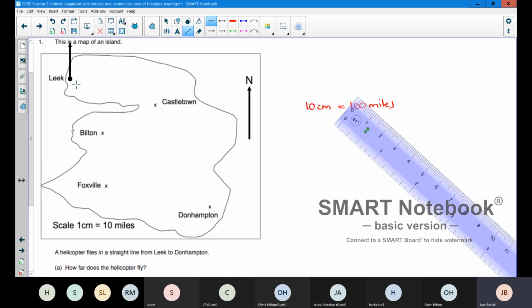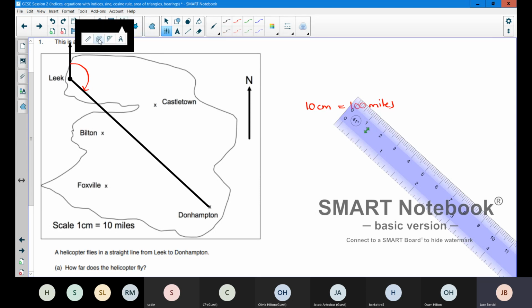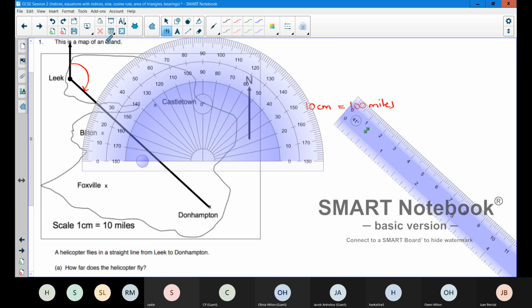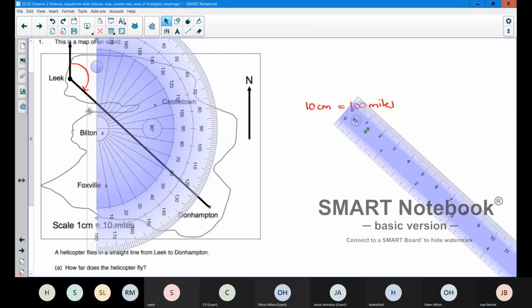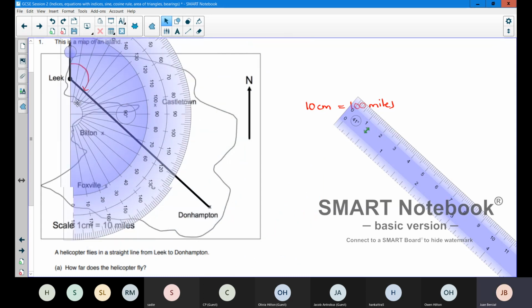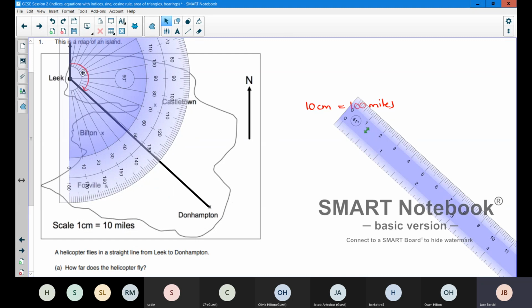So it's from Leek. I'm just going to join Leek with Dumphampton there. The bearing is the angle from north, so I need to measure this angle here, and for that I'm going to get my protractor. Remember, I'm measuring the angle from north, so I put my protractor there.